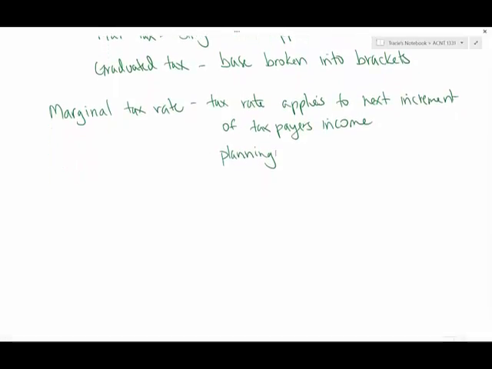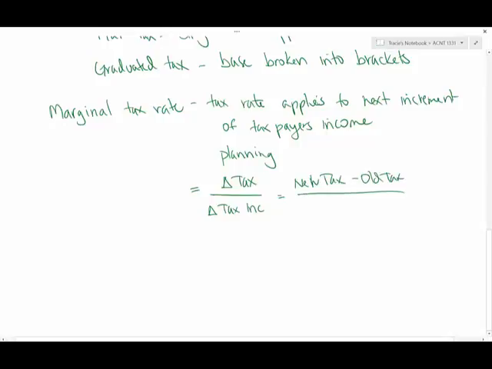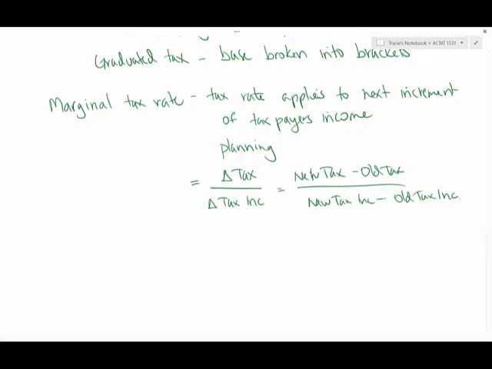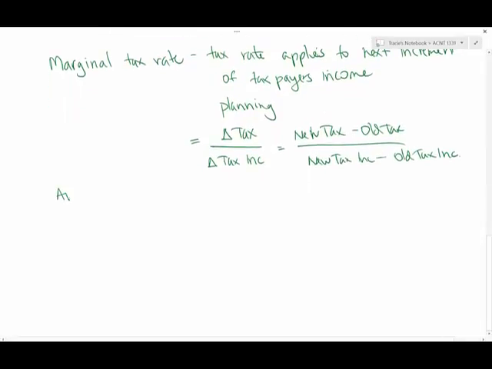And the formula for marginal tax rate is essentially the change in tax divided by the change in taxable income, or the new tax minus the old tax liability amount compared to the new taxable income minus the old taxable income. And that'll get me to my marginal tax rate. And again, it's really useful in our tax planning. Now let's look at the average tax rate.